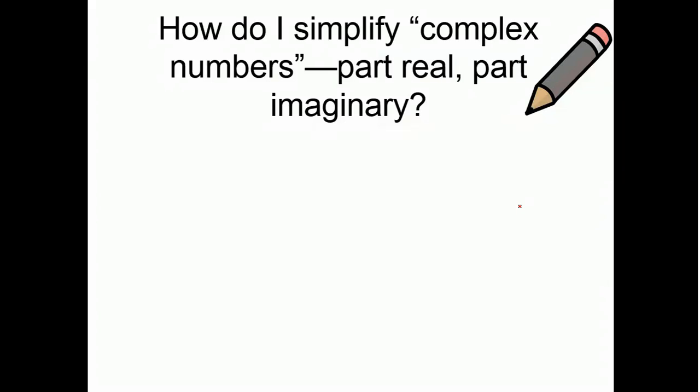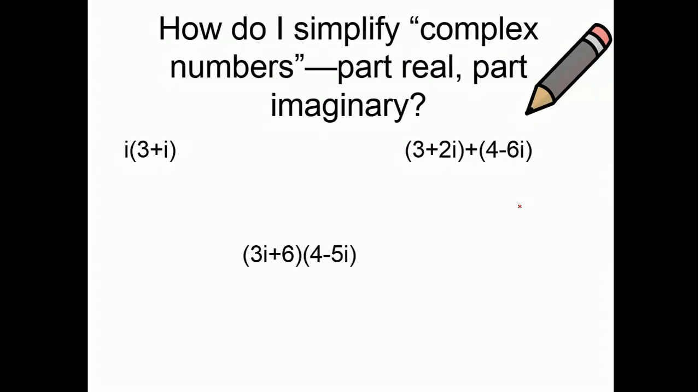Now, how do you simplify complex numbers? You're going to want to write it as part real, part imaginary. So you're going to want to write the number first and then the part with the i second. So this one, I have i times the quantity 3 plus i. Basically what you want to do is distribute that i in. So I'll get 3i plus i times i, which is i squared.